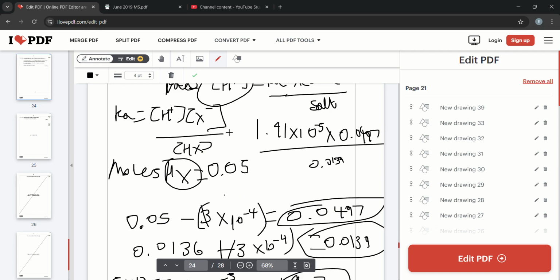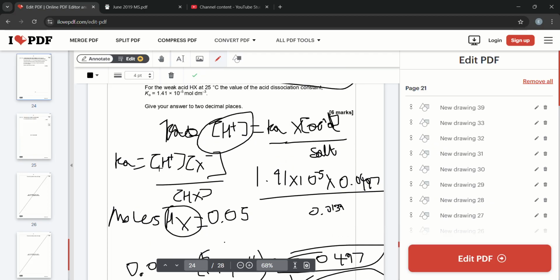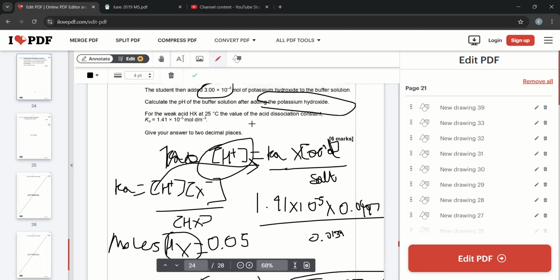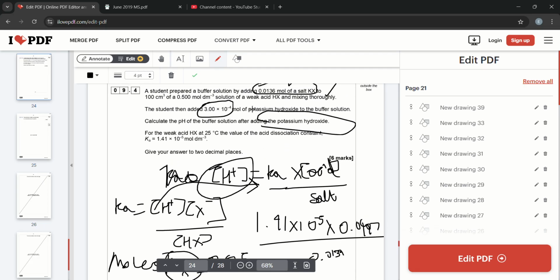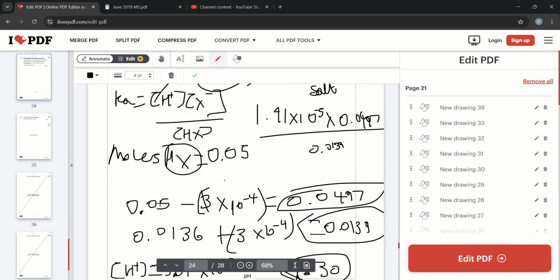Then we rearrange the equation: H plus is equal to Ka times HX divided by X minus, or H plus is equal to Ka times acid divided by salt. The acid is the weak acid HX, so 0.05 minus 3 times 10 to the power minus 4, that is the acid.